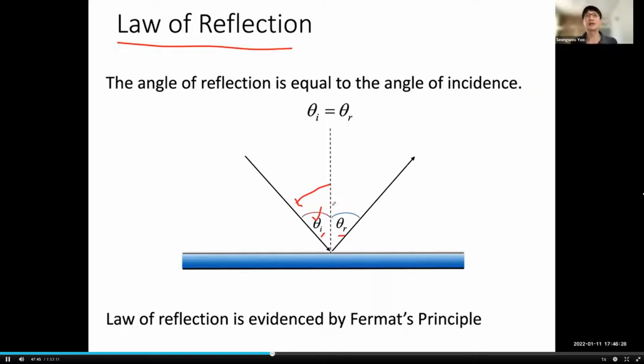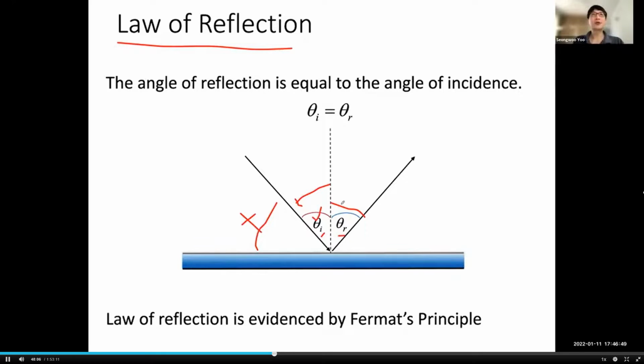So for the angle of reflection, you must find the angle from the vertical line to the reflected ray. This is our definition of the angles, and you should not take this other angle. This is not your angle. Your angle must be drawn from the vertical line. So this is very good.